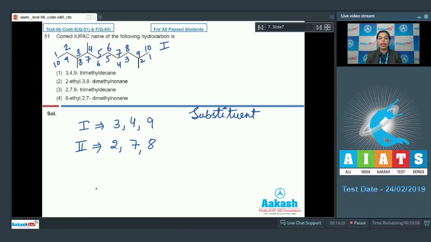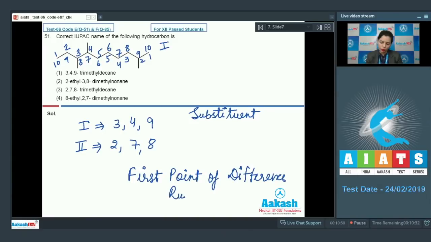In this case, we apply a very common rule, that is the first point of difference rule. What this rule states is that always you are considering the positions of the substituent.